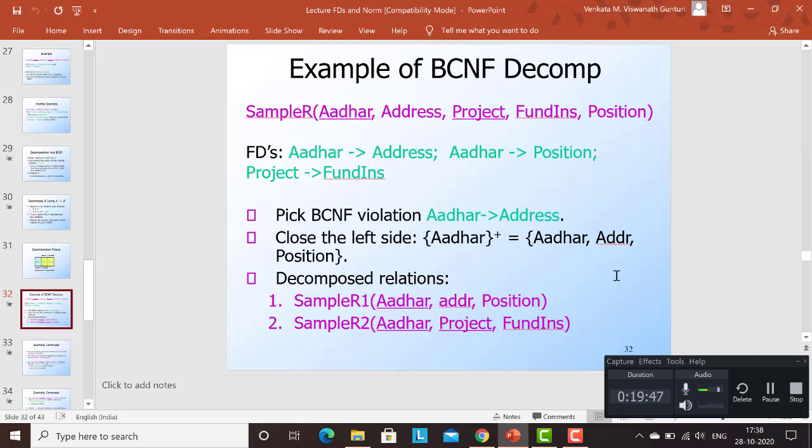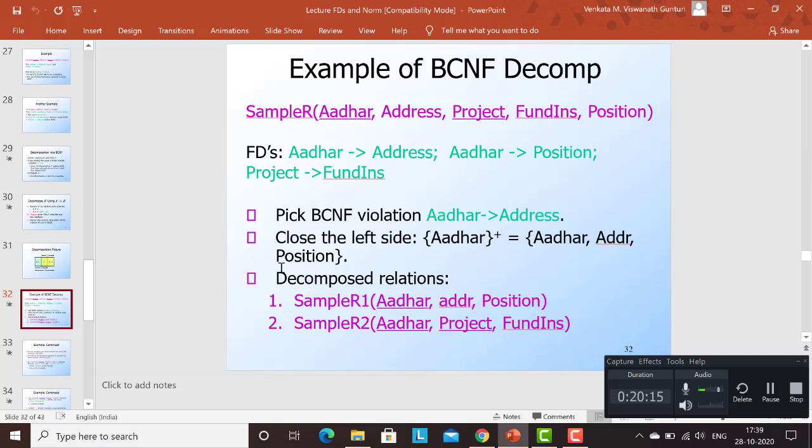So for a given schema, there can in principle be more than one BCNF decomposition. Here I first pick this FD, Aadhaar implies address. So I compute the closure of Aadhaar. What will I get? I'll get Aadhaar number, of course, address, and even the position also comes in.